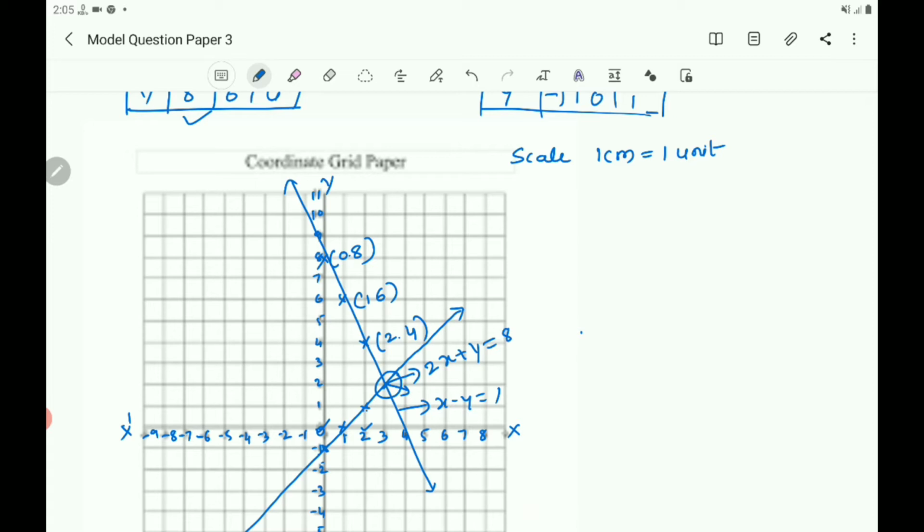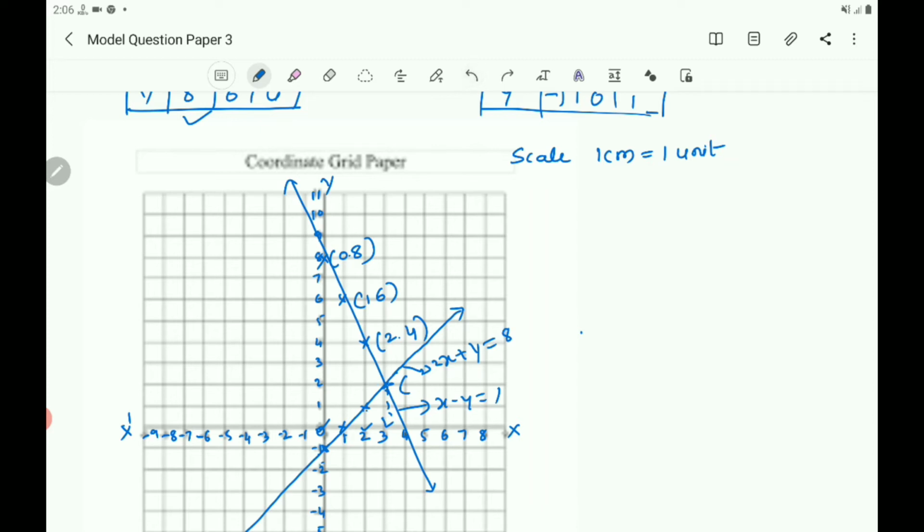And what are the coordinates of that point? Here the x value is 3 and y value is 2. So you write x value is 3 and y value is 2.